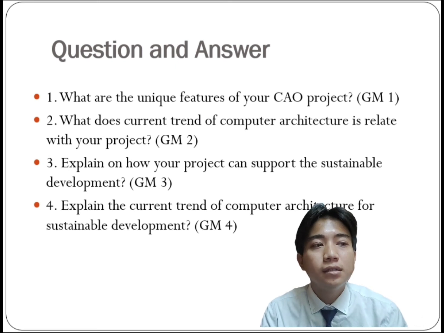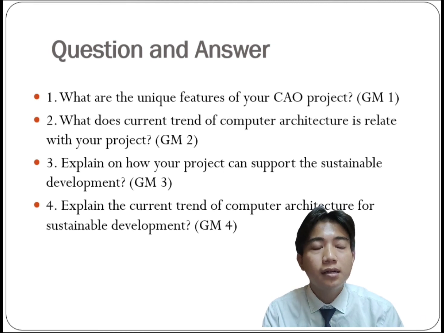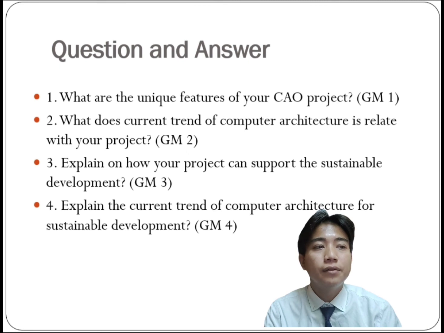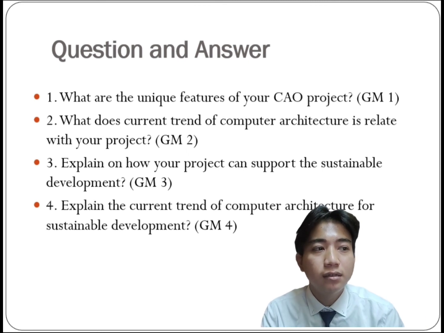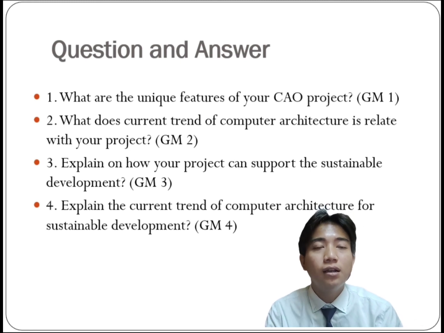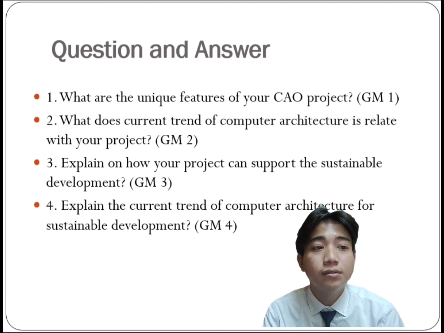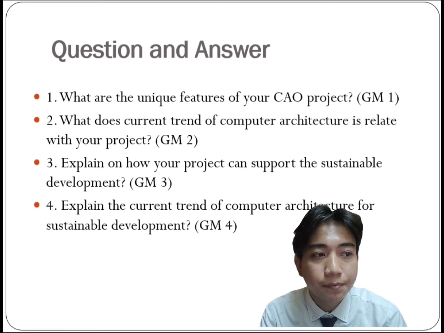For the question and answer, the question is: explain the current trend of computer architecture for sustainable development. The answer is: modern architecture of the present and the future is intended to use computer technology that allows sending computer models to production and following them, going beyond the intermediate stage, making construction details.